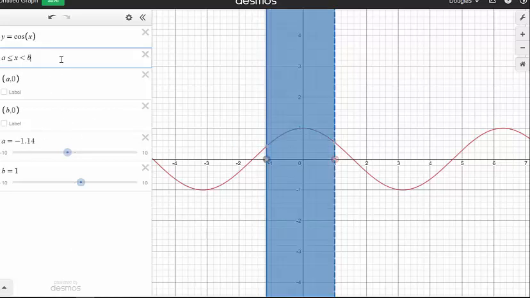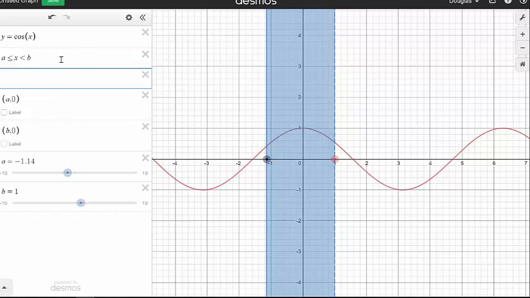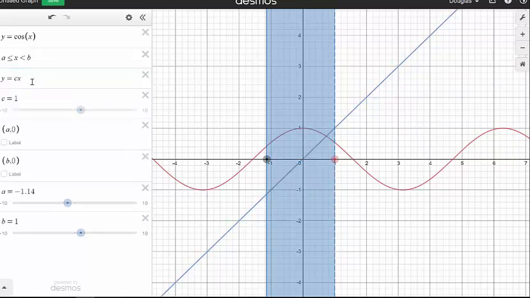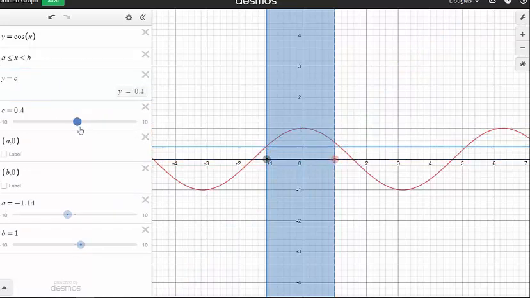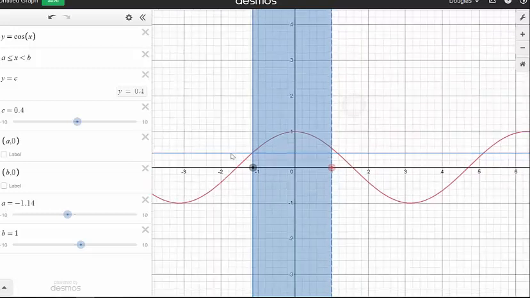Let's go ahead and just look at a line in there. As long as it's somewhere in between 0 and 1, if we move to the left, we'll begin failing the horizontal line test, as you can clearly see from this blue line we put in there.